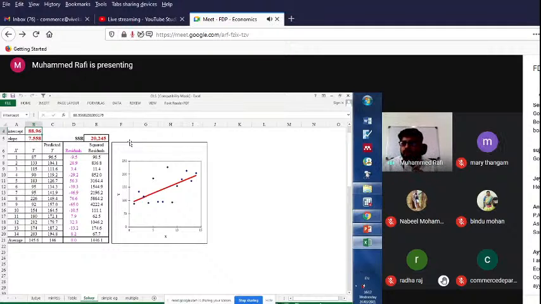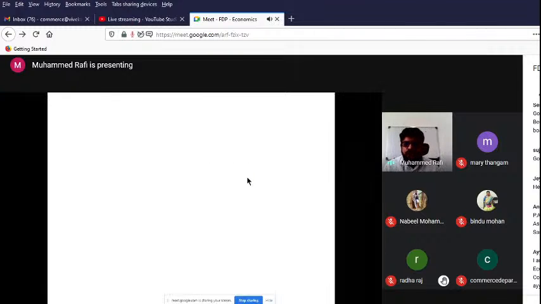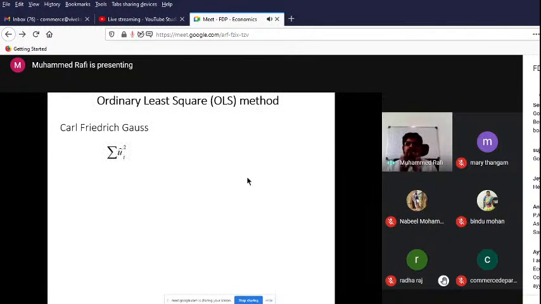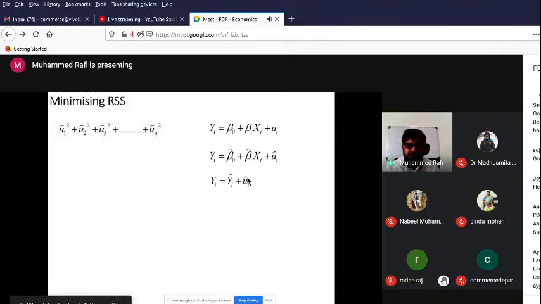Now, as I said, Carl Friedrich Gauss has introduced the ordinary least squares method, which actually tries to reduce the residual sum of square. Now, you have the actual value and you have the estimated value and the error term. So you have an error term for all the 14 observations in this case.